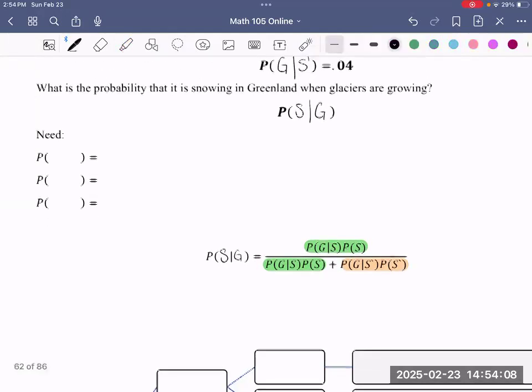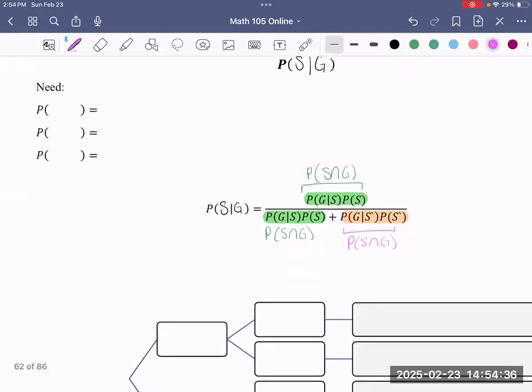And again, this right here is the chance of what? Well, it's the chance of snow and growing happening together. The glaciers are growing, which again is here. Or perhaps here, we have the probability that it's not snowing and the glaciers are still growing. And again, this is updating that information.